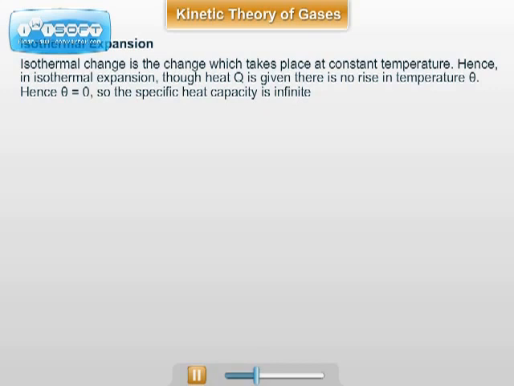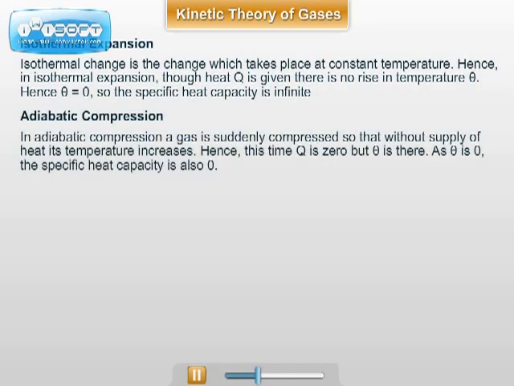In the extremely opposite case, that is in case of adiabatic compression, a gas is suddenly compressed. As a result, its temperature increases without supply of heat. In such case, Q is 0, but theta is not 0. Hence, specific heat s becomes 0.